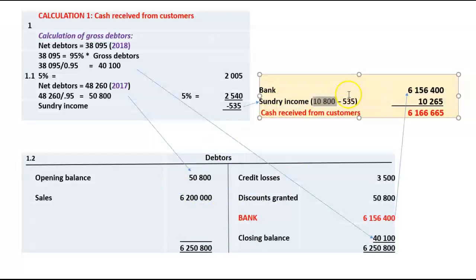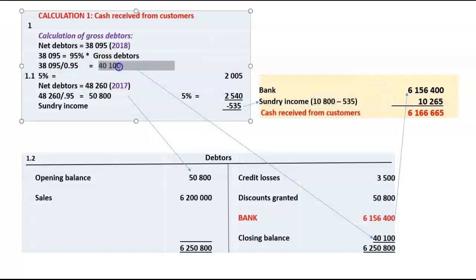But I must remember I have to deduct the movement in the allowance account from that 10,800. Now, how do we calculate the movement? Well, 40,100 was our closing balance, and that times 5% gives us 2,005. Our opening balance was 50,800 multiplied by 5%, and that gives us 2,540.